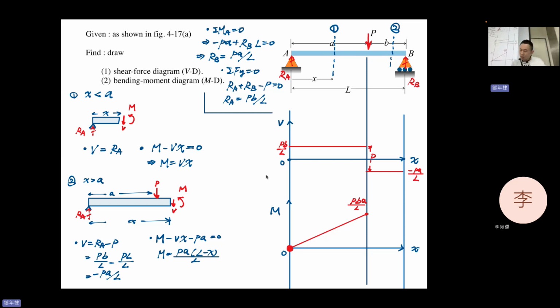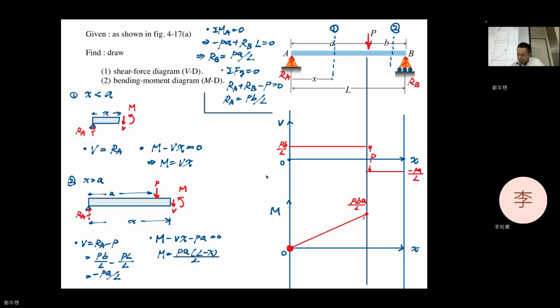So M is the second section, so of course it should be suitable for x equal to a. So let's substitute x equal to a. What will it look like? L minus a, which is b, right? So PAB divided by L, at point a.